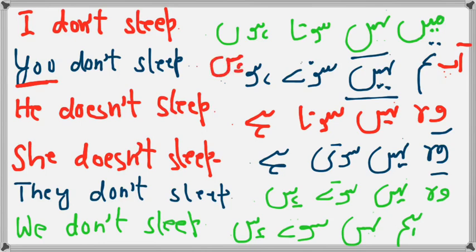Now let's make a few sentences about interrogative form if you want to ask the question. And now let's take another verb. Gana. Gana is to sing. So, do I sing?